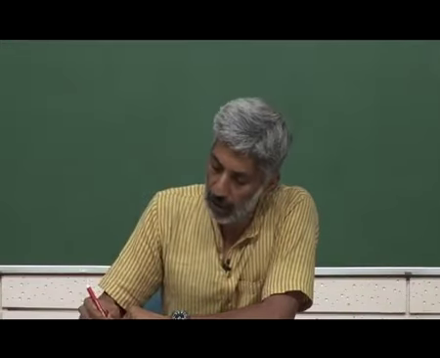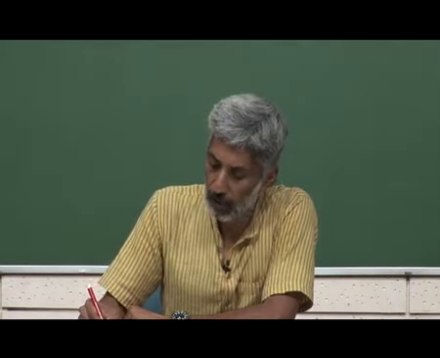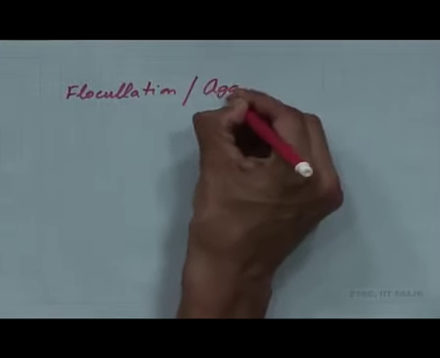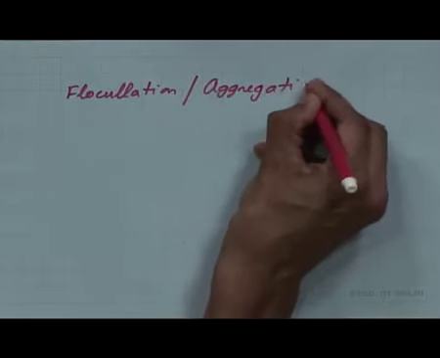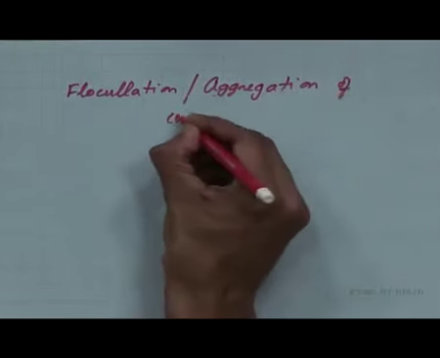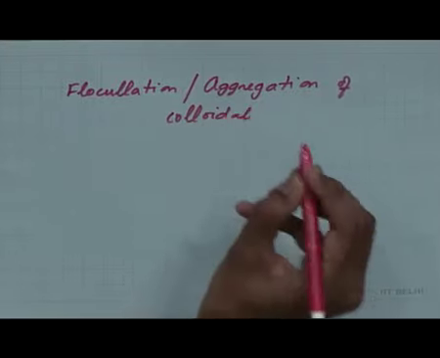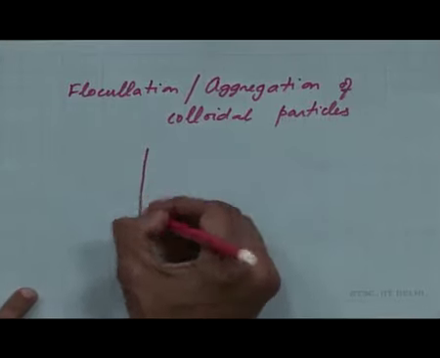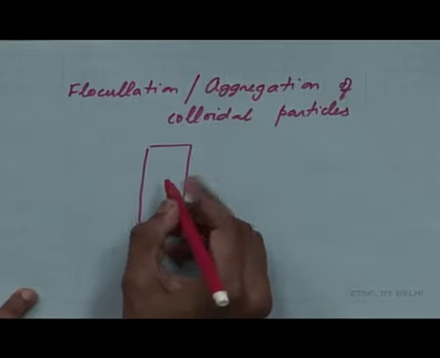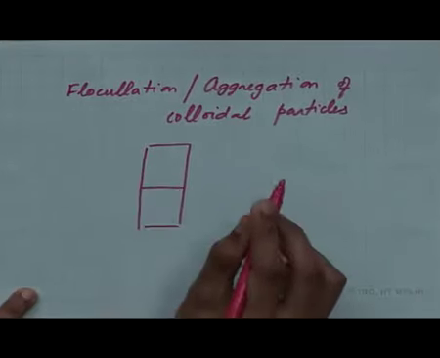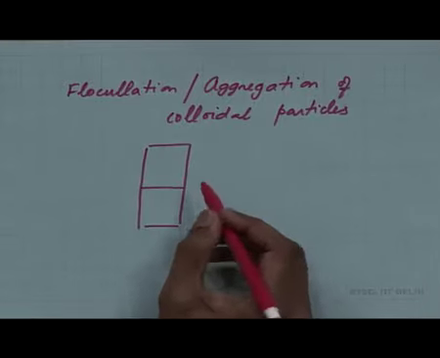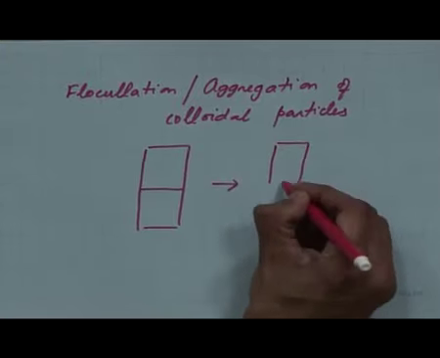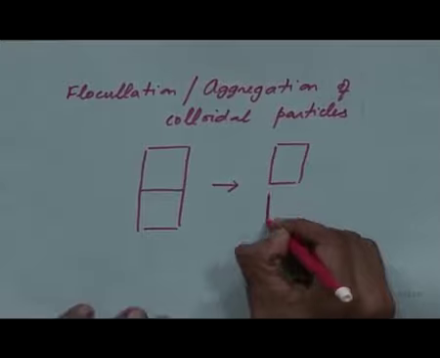Last class we were discussing flocculation or aggregation of colloidal particles, and we mentioned that if you consider a colloidal particle of whatever shape it is, here I am considering a cuboidal shape, and imagine that I break this up into two particles of this type.